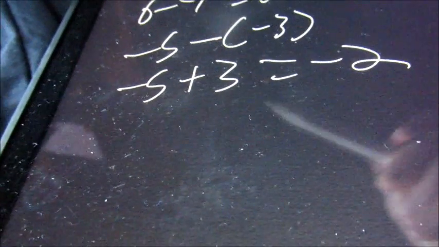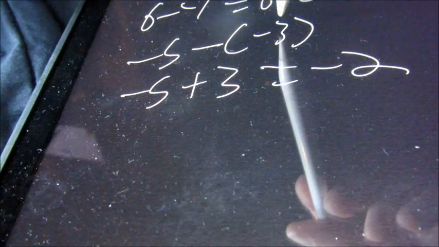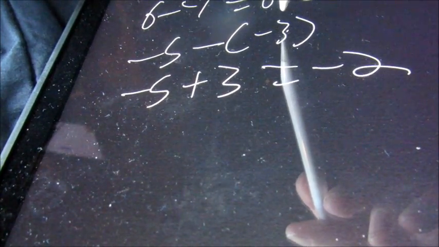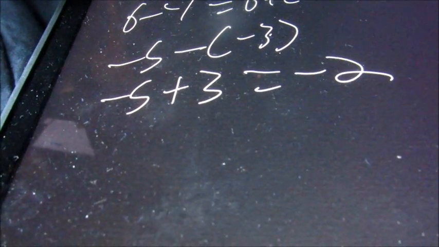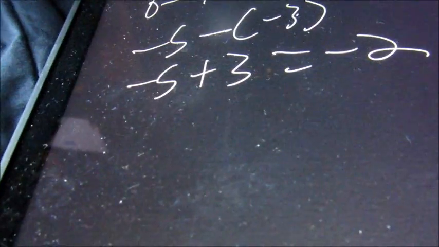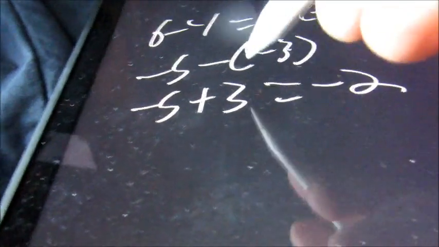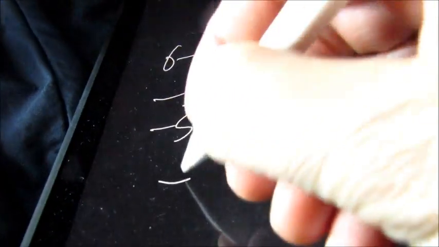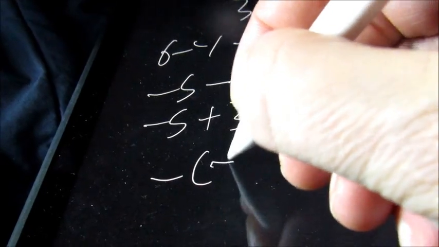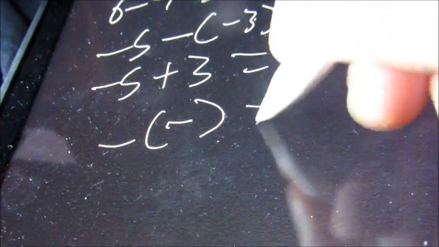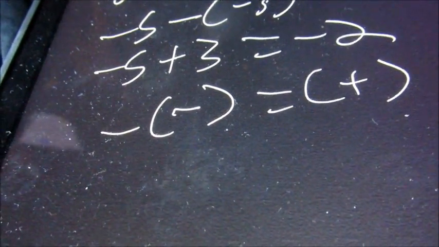We could have also just said that it is adding the opposite of negative 3. Remember, the opposite of negative 3 is positive 3. So we're adding the positive 3 here. So if we know that we have a negative times a negative, or negative of a negative, that's going to equal a positive.